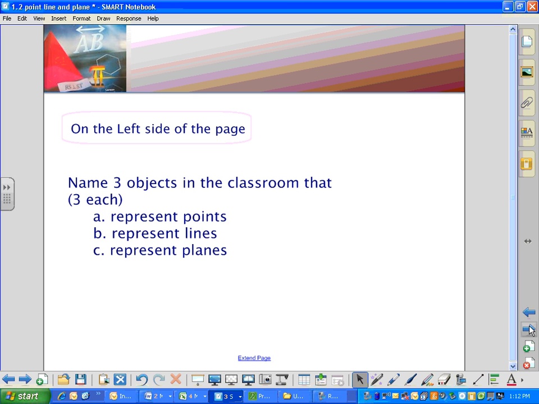Okay, you're not in the classroom probably right now, but in whatever room you are, look around the room and see if you can name some things that might represent points, lines, or planes. We already talked about planes, for example, might be like the wall or the floor or the window. Points might be like the corner of a desk or the tip of your pencil, or the corner of just about anything is a good representation of a point.